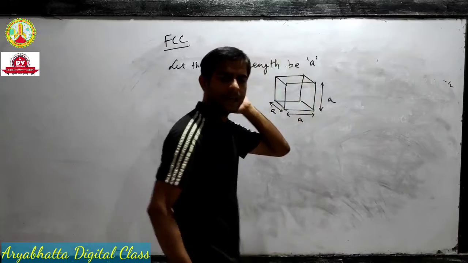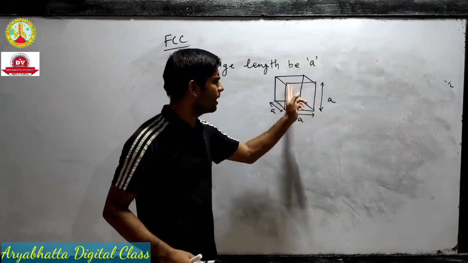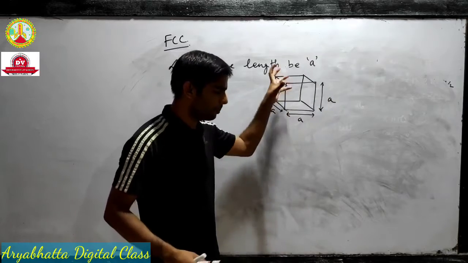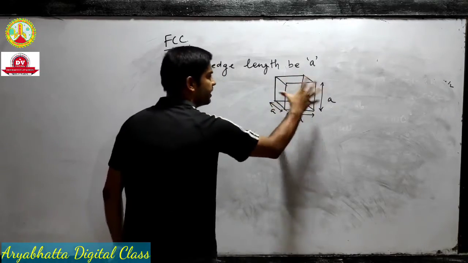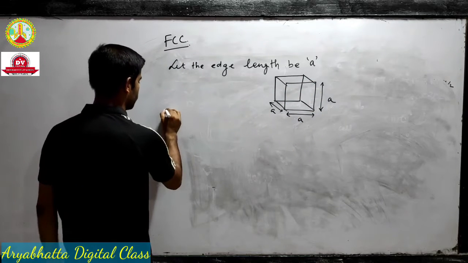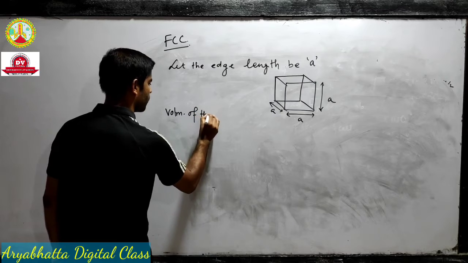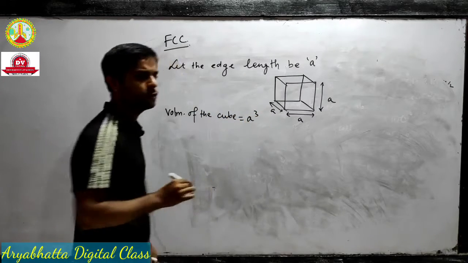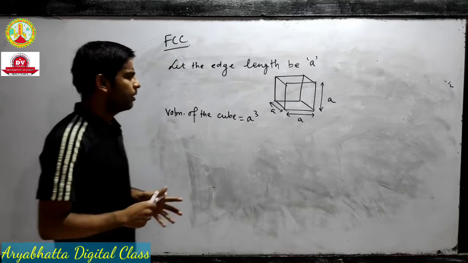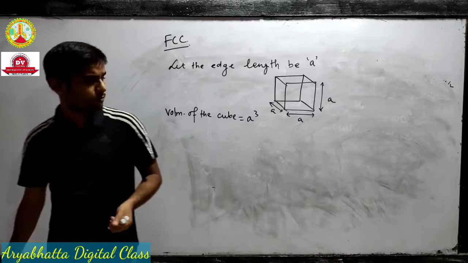Length, breadth, height, all of them are A, and all the angles are 90 degrees. That means a simple cube. Since the edge length is A, what will be the volume of the cube? Simply, the volume of the cube will be A cube. It's very simple, the volume of a cube is length cubed.